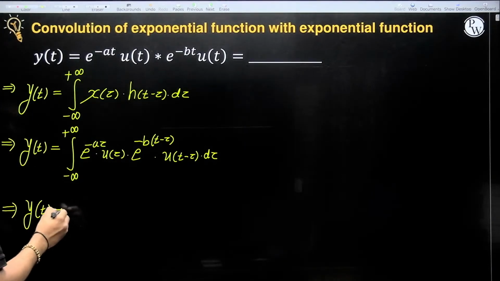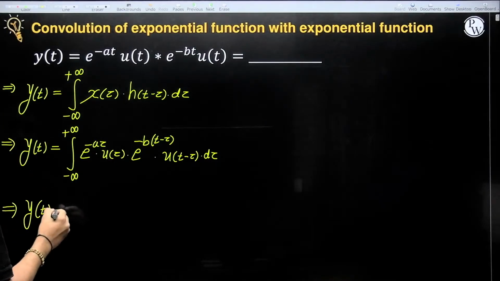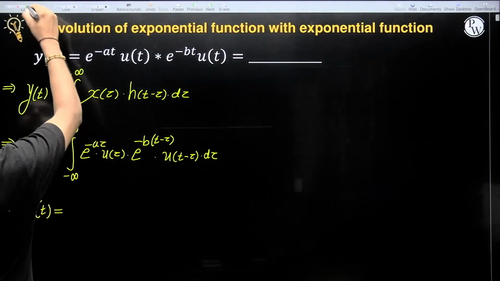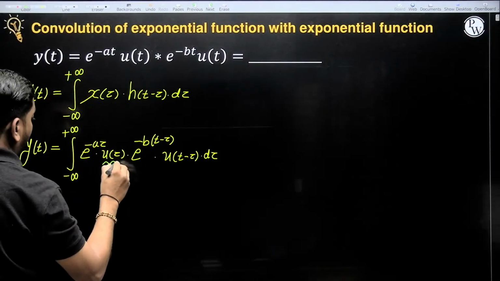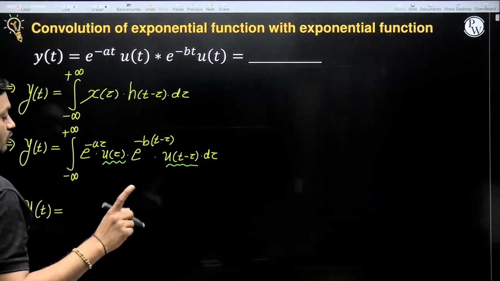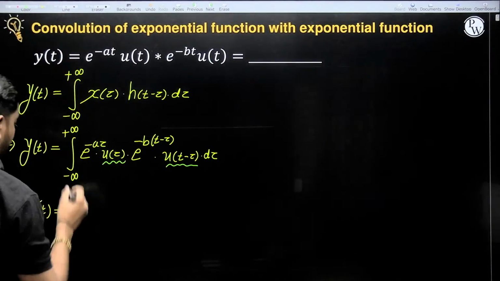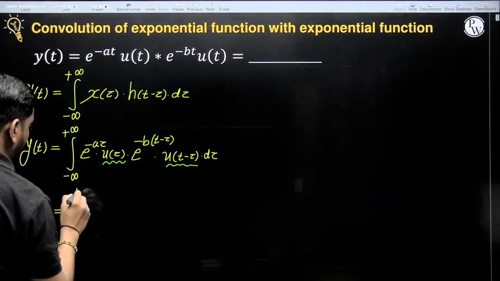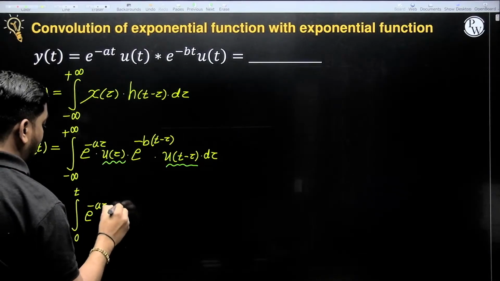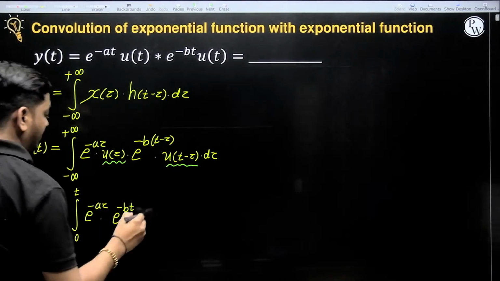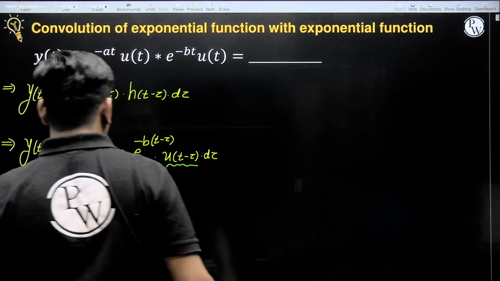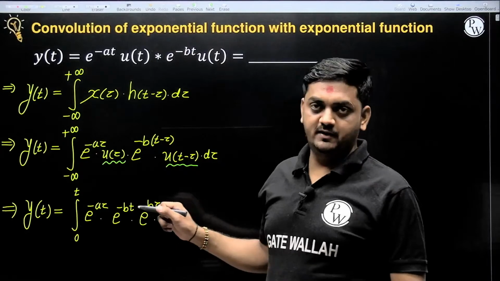Y of t is equal to, now see guys, u of tau and here u of t minus tau. If you replace u of tau into u of t minus tau with 1, then the limit of integration will be 0 to t. Now see, the integration variable of interest is tau.